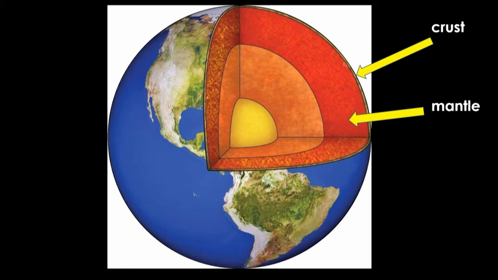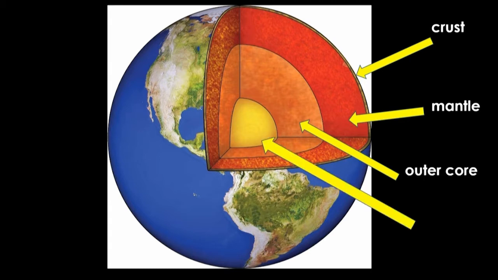Because most of the Earth is made of rock, that means that most of the Earth is contained within the mantle. Next, you have the outer core here, and you also have the inner core. On this image, you can see the different layers of the Earth.